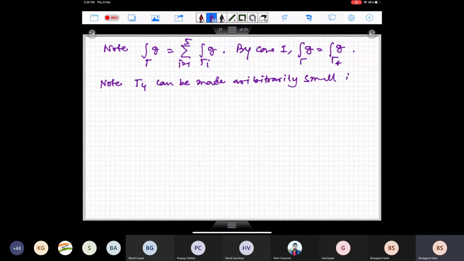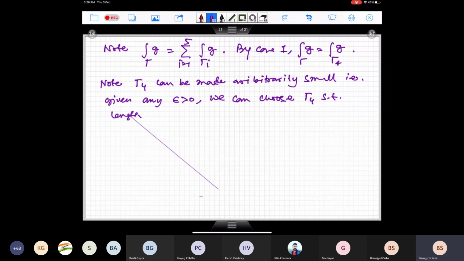So what does it mean? Given any epsilon positive, we can choose gamma 4 such that the length of gamma 4 is less than epsilon.